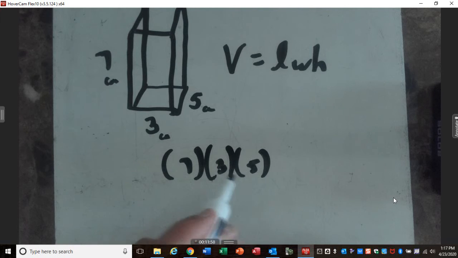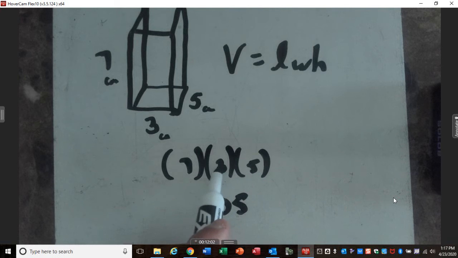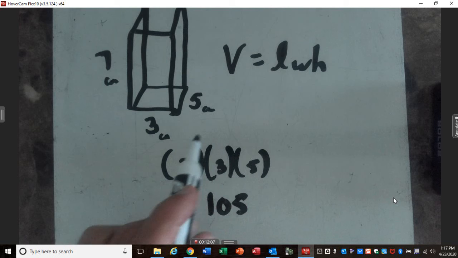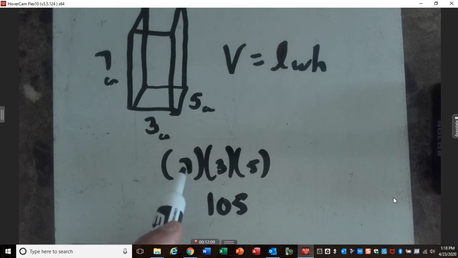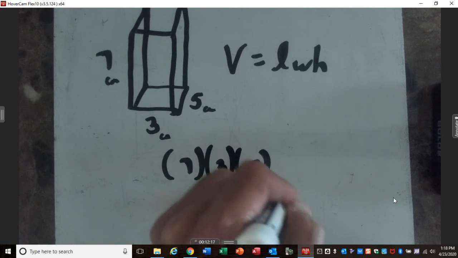Times 5 is 105. Now some of you might have gone 5 times 3 is 15 times 7, which is 105, or 35 times 3 was 105. Remember, this is the associative property. The order you multiply these numbers doesn't matter. You're going to get 105 cubic centimeters, and we are done.